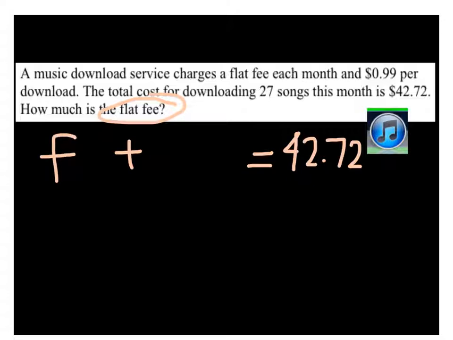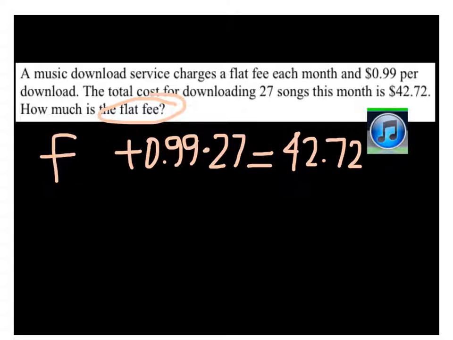F is the flat fee that we're paying each month, okay? Then we also pay 99 cents per download. And we know that we downloaded 27 songs. So 99 cents times 27 is going to get us the total amount that we spent on the songs.